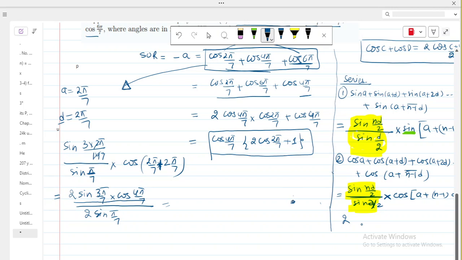Okay, a plus b and a minus b. Getting my point? 2 pi by 7 again. And again here you'll be getting cos 2 pi by 7 and 8 pi by 7.